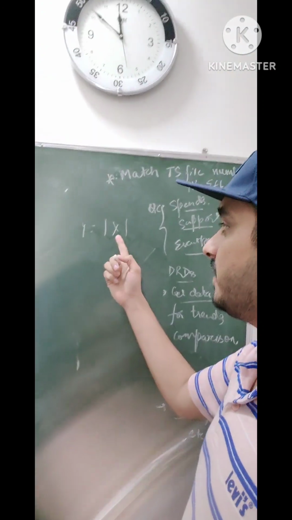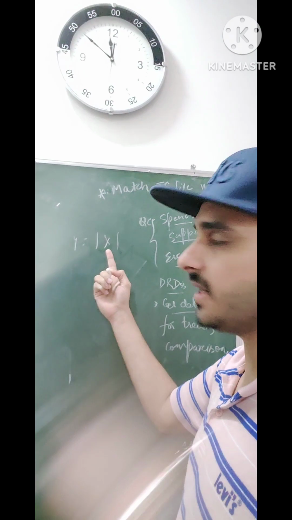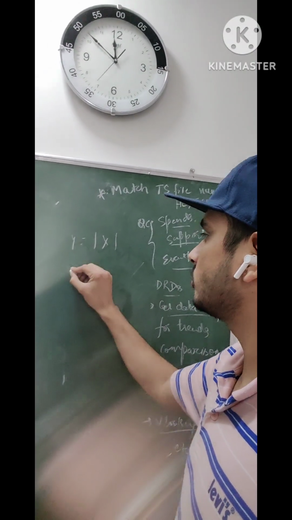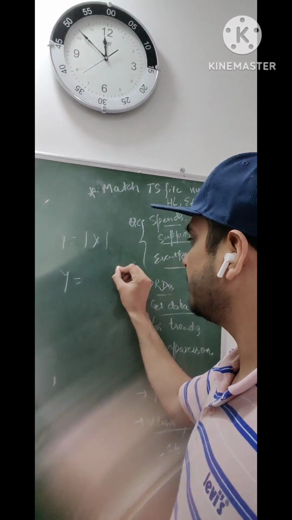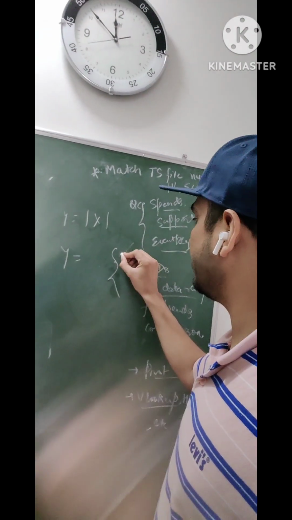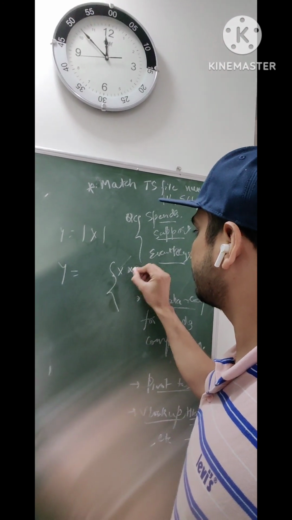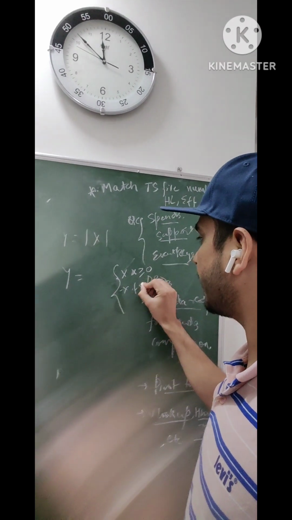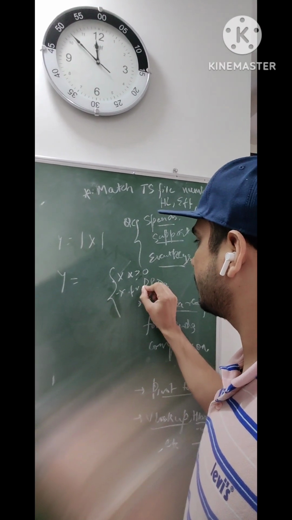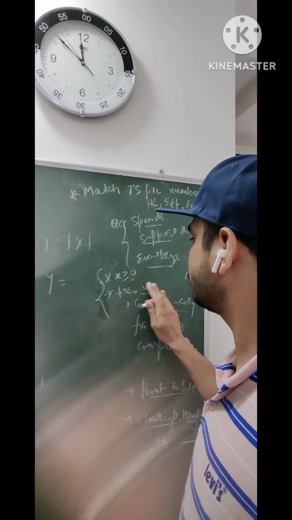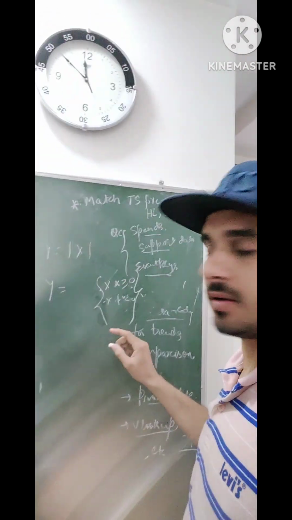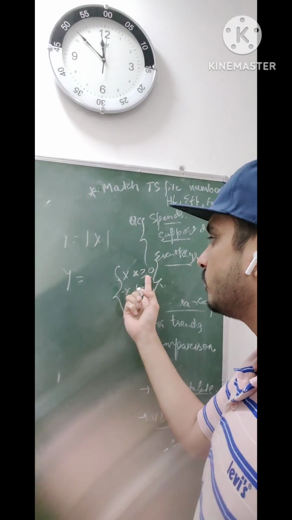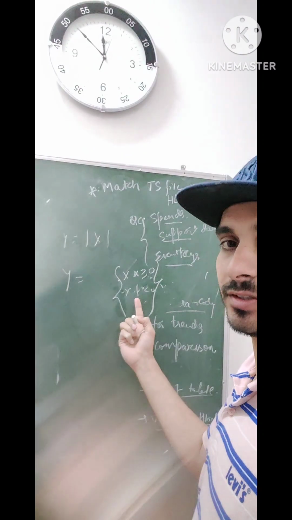See, basically I can say that the value will be x if x is greater than or equal to 0, and the value will be -x if x is less than 0. So y equal to modulus x is equivalent to: y will be equal to x if x is greater than or equal to 0, and y will be equal to -x if x is less than 0.